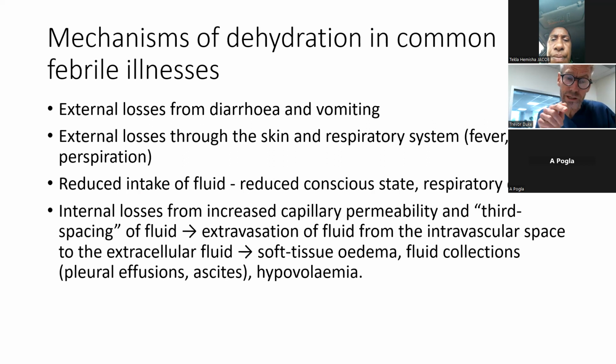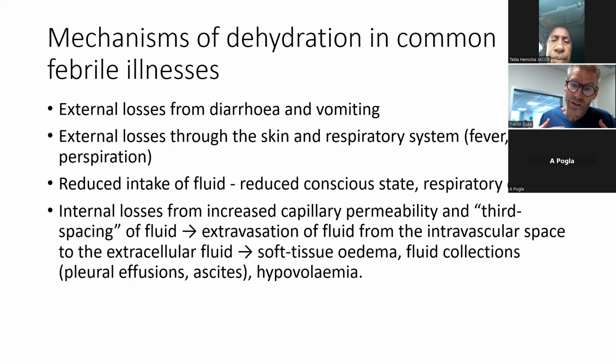And then thirdly, children with some serious febrile illnesses will have what we call third spacing of fluid. That is, instead of the fluid being only in the normal compartments of the body and not extending beyond them, many children with febrile illnesses will have third spacing, which is extravasation or leaking of fluid from the intravascular space to the extracellular fluid to the interstitial space.